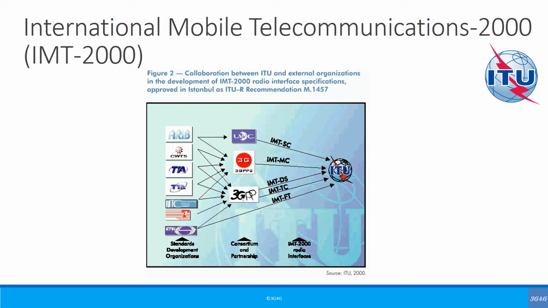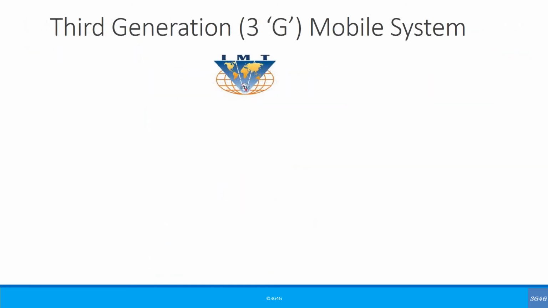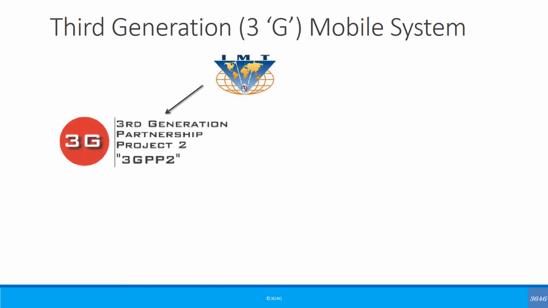And once you have this consortium and partnerships, that means you can achieve economy of scale, right? So you can have standardized phones which can be used in multiple markets, which will bring the cost down. This was the vision.